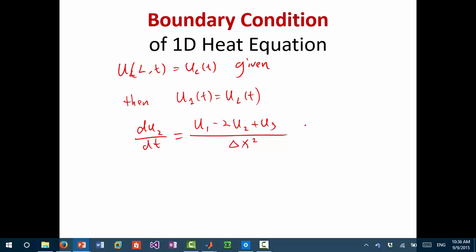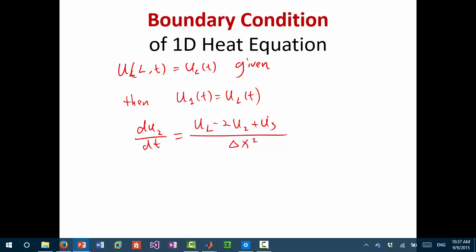It's a little bit different from other ODEs because one of the numbers is given, right? So for all the other points, the time derivative depends on the neighboring 3 points. But for the point close to the boundary, it only depends on the solution at 2 neighboring points because the other one is given.